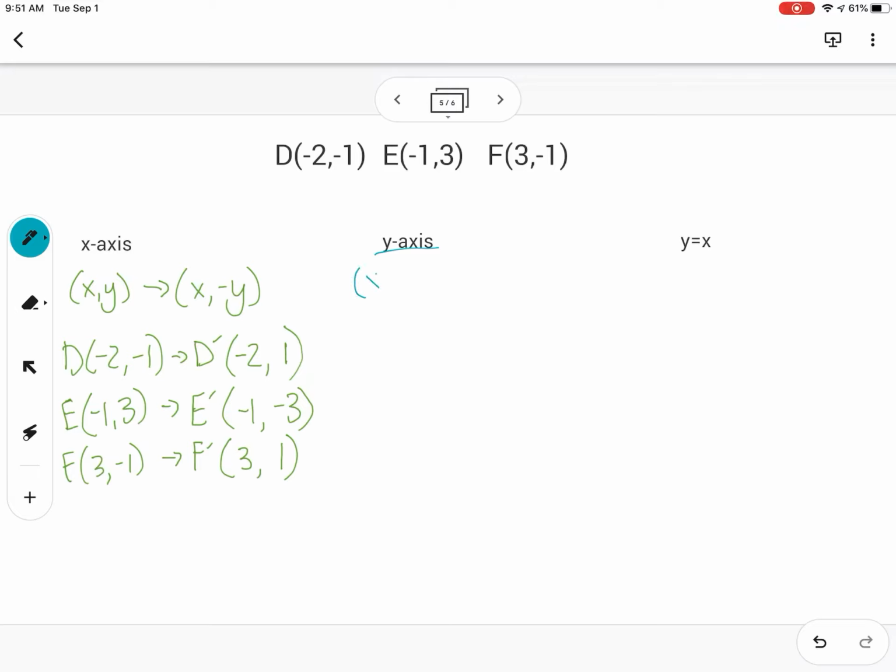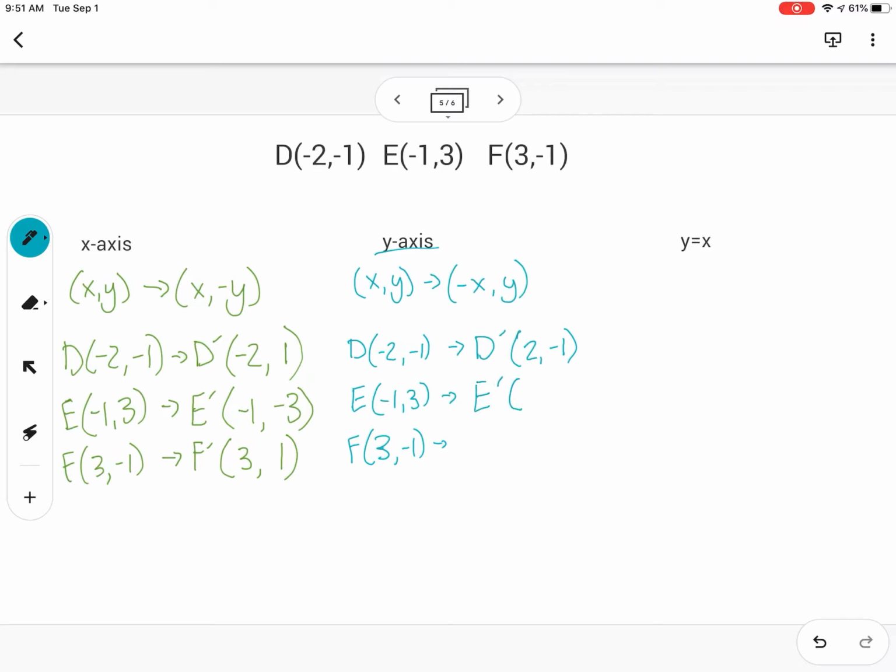To flip over the y-axis, you take the original point and you make the x negative. So for my original points, new D prime, I'm making my x negative. Negative negative 2 is positive 2. And then y stays the same.